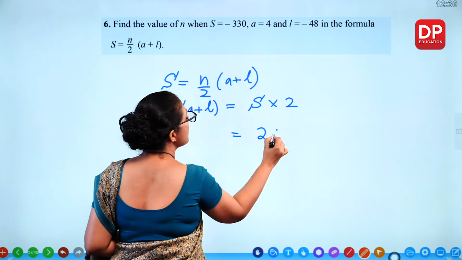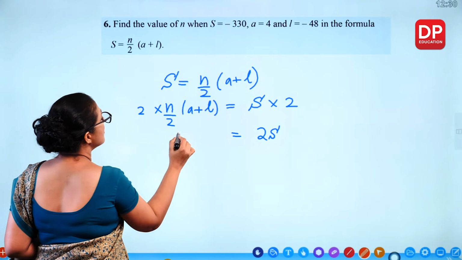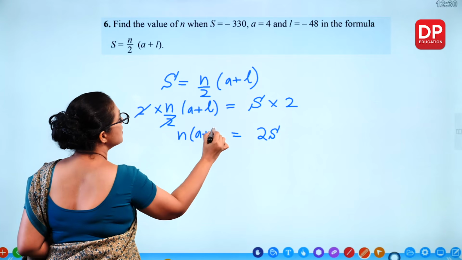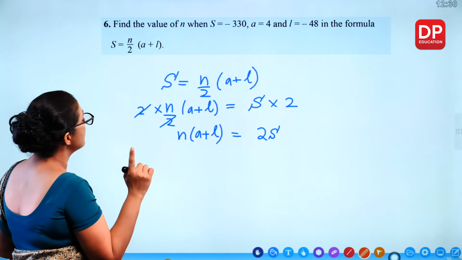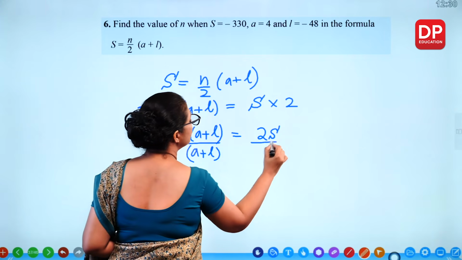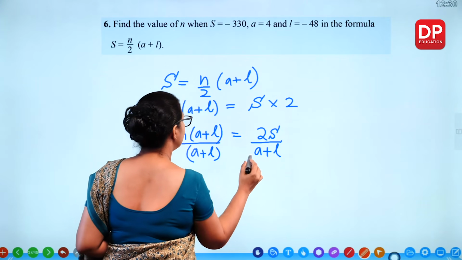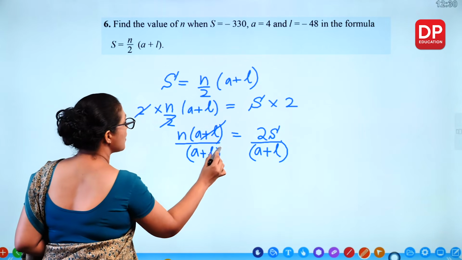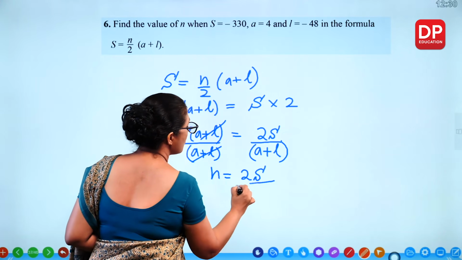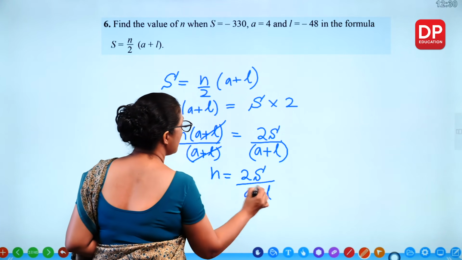So 2s becomes n into (a plus l). We need n, so divide both sides by a plus l. So you get n equals 2s over (a plus l).